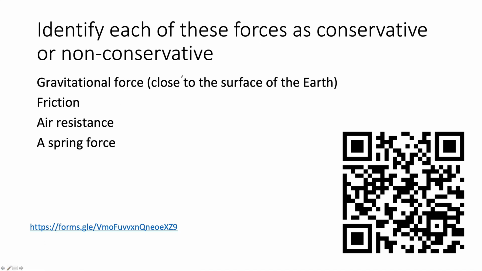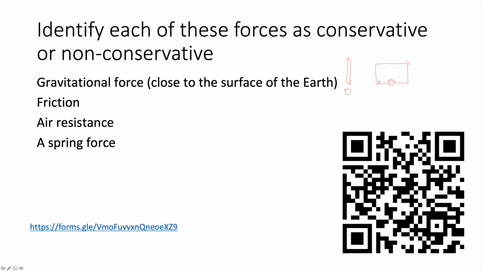So gravitational force, close to the surface of the Earth. This one's conservative because if we lift the ball up and then the ball comes back down, no net work has been done on it. If we think about taking the ball around a kind of rectangular path like this, then when it's going along the horizontal length, we're not changing its height.